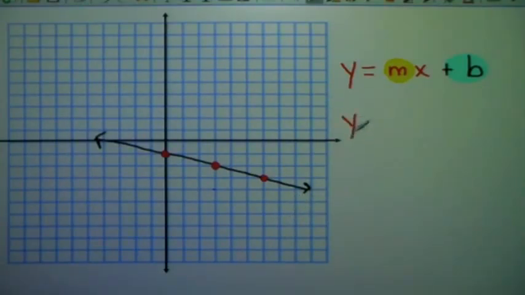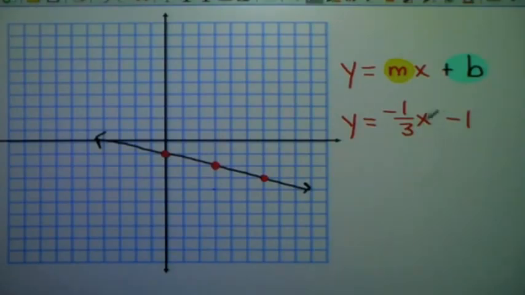Okay, so we have to fill in our slope and our y-intercept. Again, I think it's easiest to start with the y-intercept. It looks like our y-intercept is just down 1 from the origin, so I'm going to put minus 1 over there for my y-intercept. It's going downhill, so I know it's going to have a negative slope. So I go down 1 over 3, so that should be negative 1/3 x.